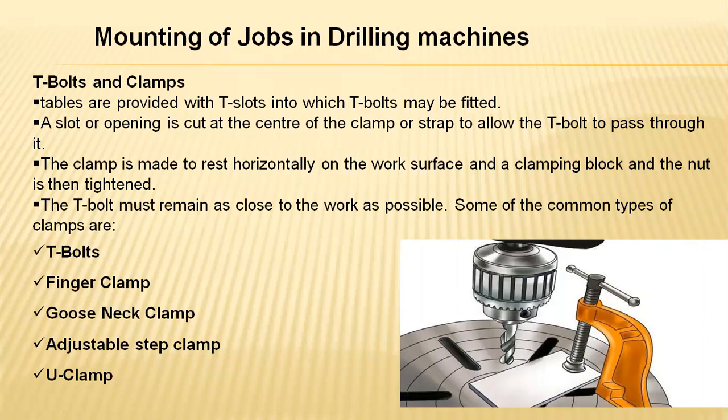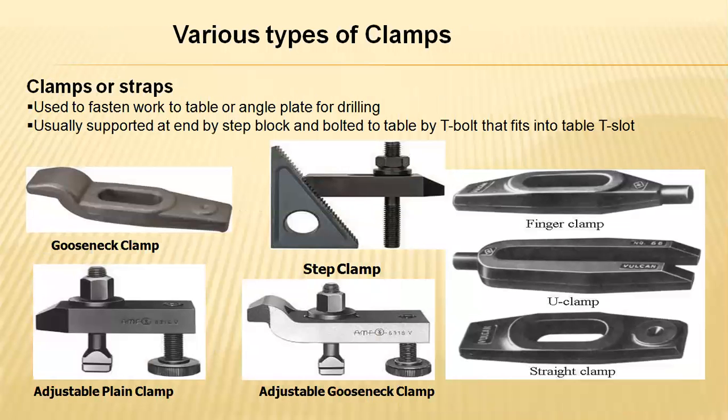T-bolts and clamps are used to hold T-shaped objects and perform the drilling operations over them. You can call them finger clamps, gooseneck clamps, adjustable step clamps, and U-shaped clamps, which are also utilized for holding the objects for progressing the drilling operations in different scenarios.